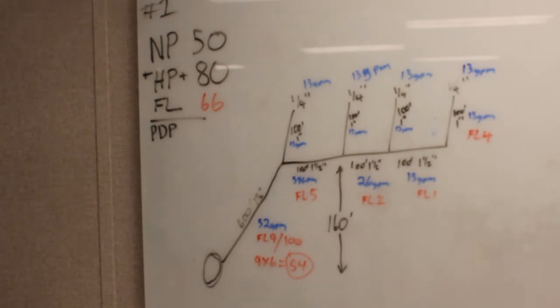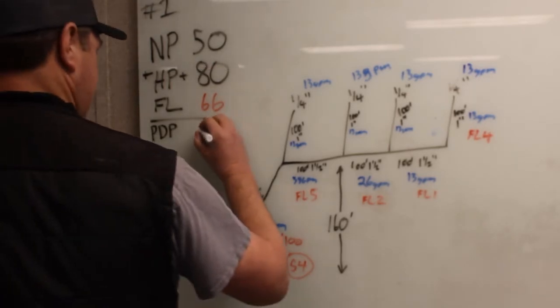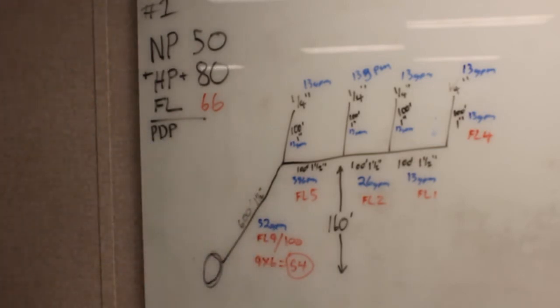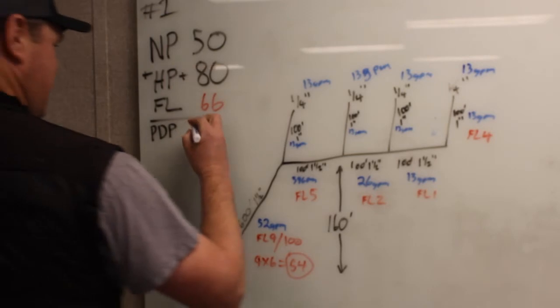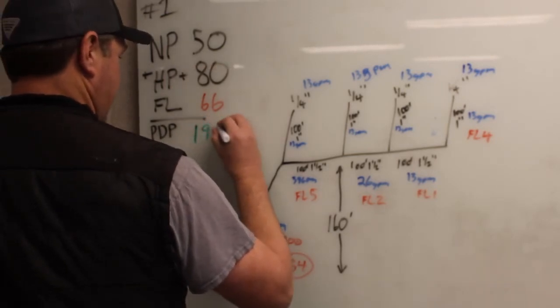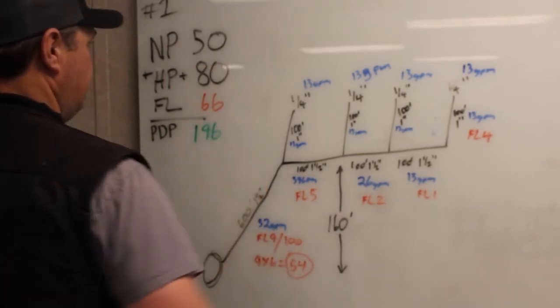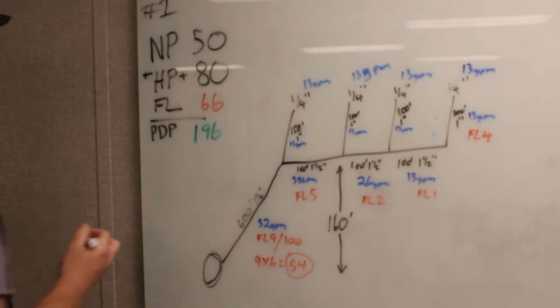And then I add it all together, and I'm looking at 196. Here, switch colors. Not in friction loss anymore. I mean answers. Answers are green. 196.